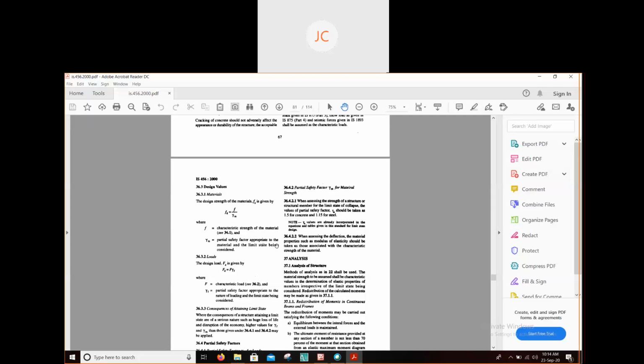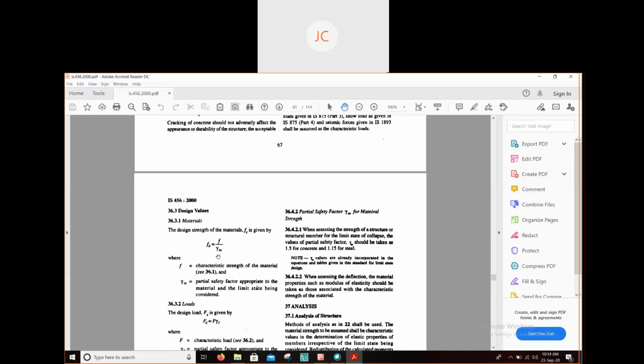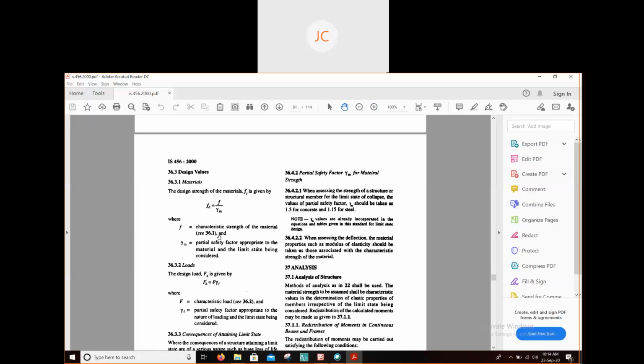The design strength of a material you can find out using this formula: characteristic strength of material divided by partial safety factor.